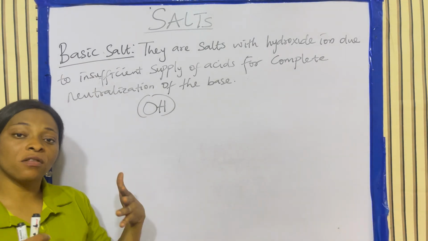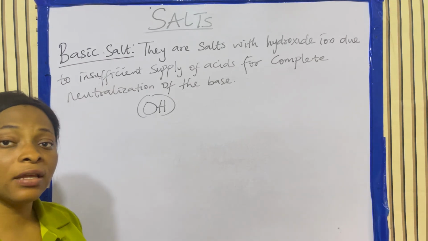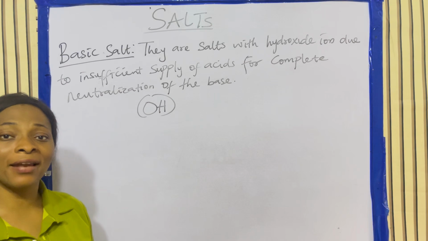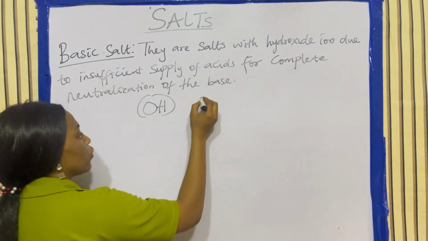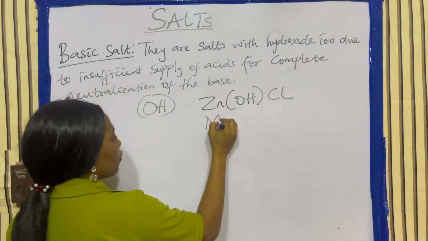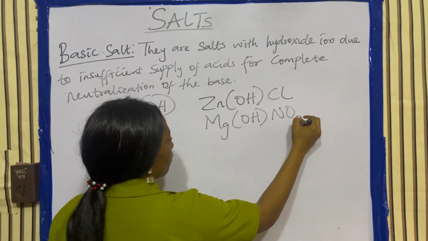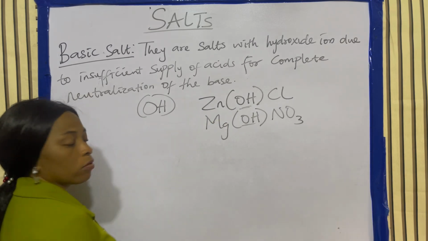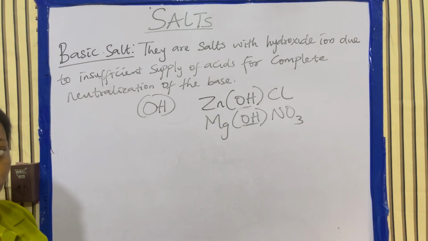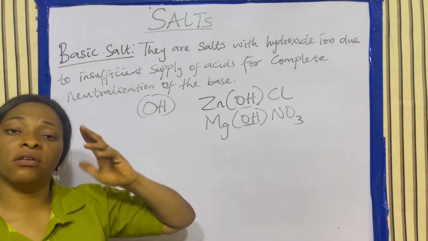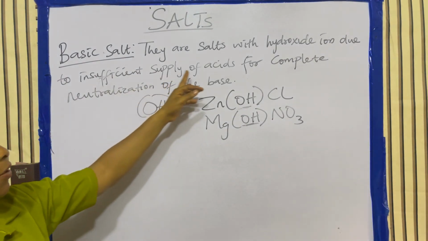So all basic salts contain hydroxide ions. Examples, you have magnesium hydroxide trioxonitrate 5. Notice that they contain what? A hydroxide group. So these are what we refer to as basic salts because they don't have a sufficient supply of acid.